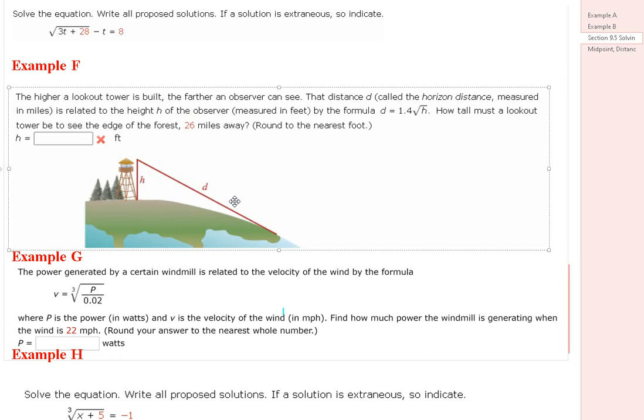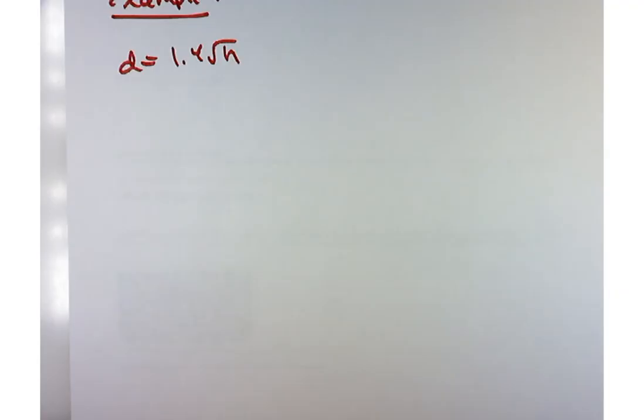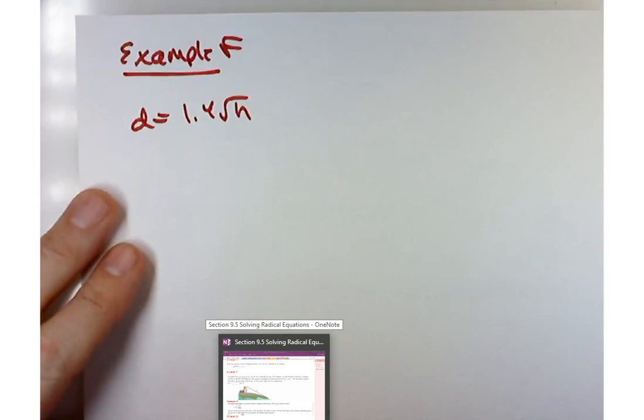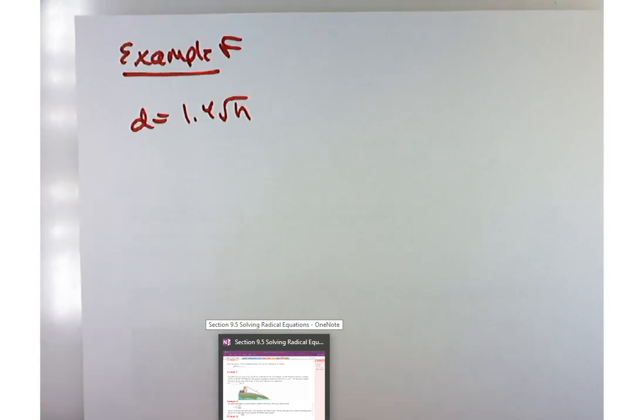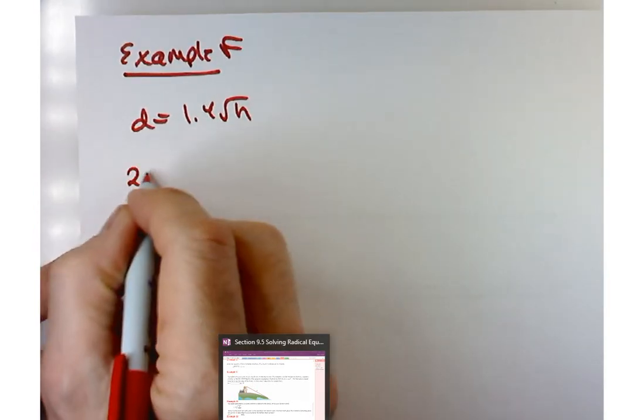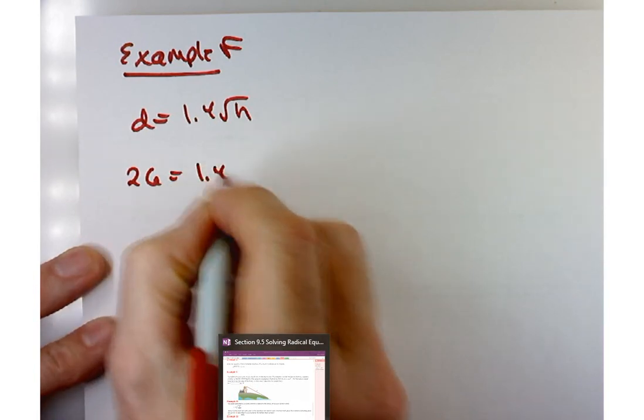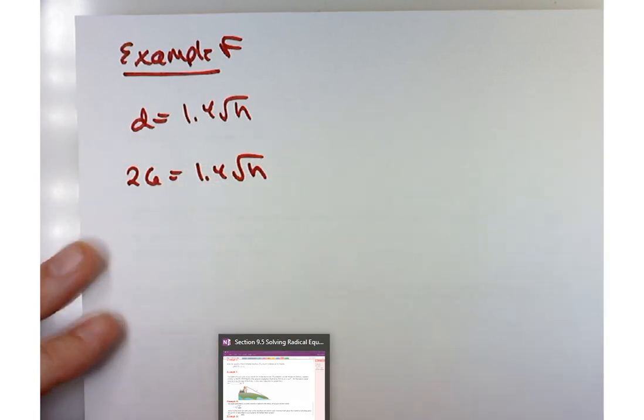d equals 1.4 times the square root of h. How tall must a lookout tower be to see the edge of the forest, which is 26 miles away? So what variable are they giving you here? Distance. They're giving you the distance. They're giving you d is 26, so 26 equals 1.4 times the square root of h.